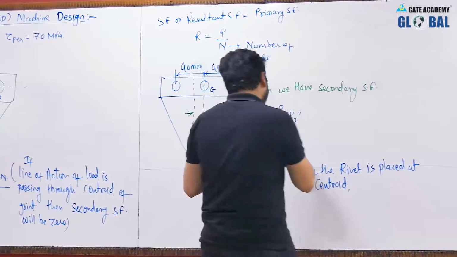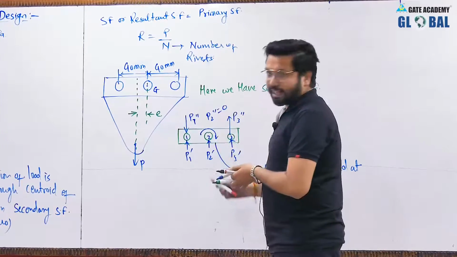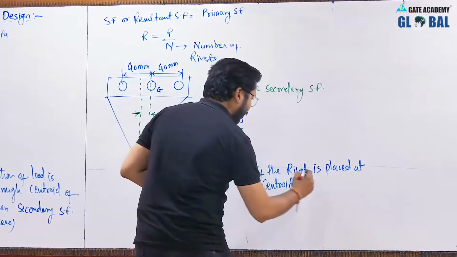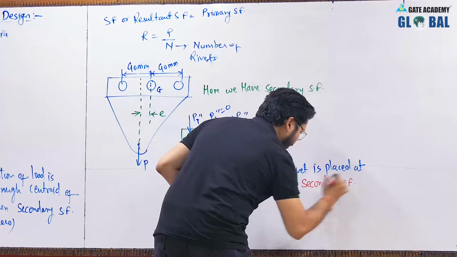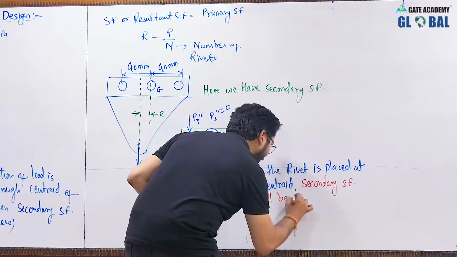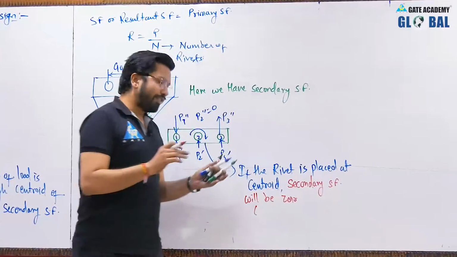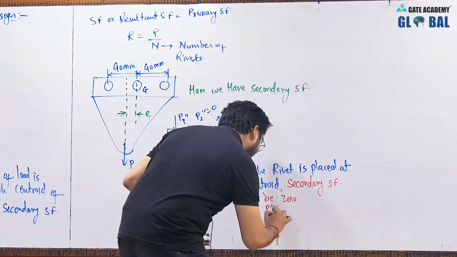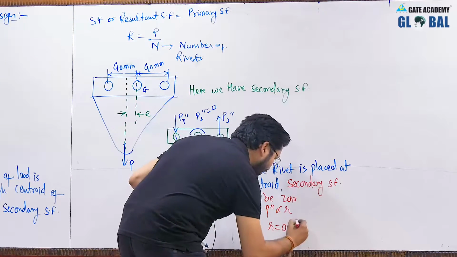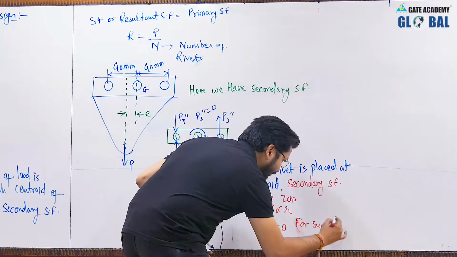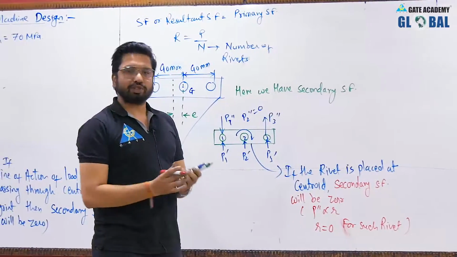So in a joint, at different rivets there will be secondary shear force, but for the rivet at the centroid, the secondary shear force will be 0. Because the secondary force P double dash is directly proportional to R, and R will be 0 for such a rivet placed at the centroid. So definitely the secondary shear force will be 0.